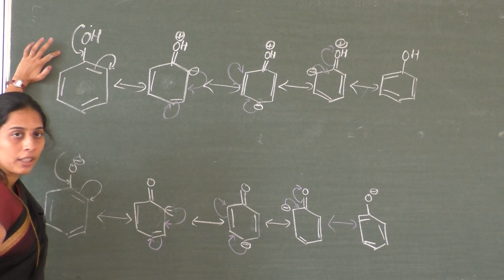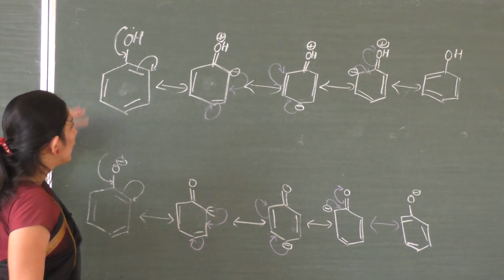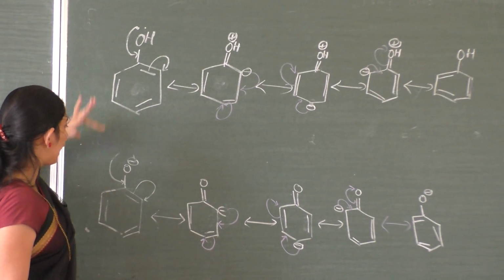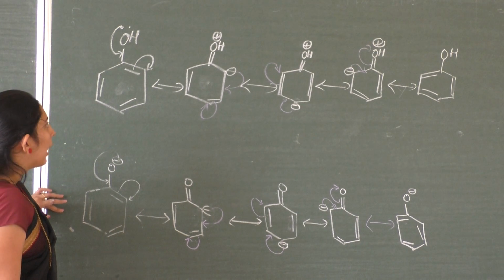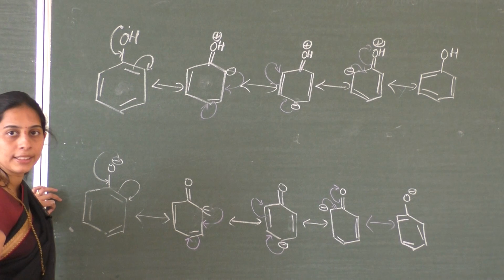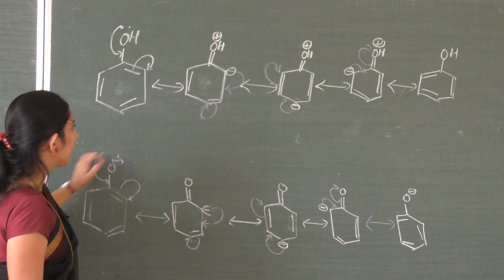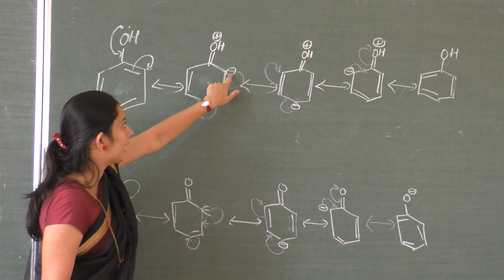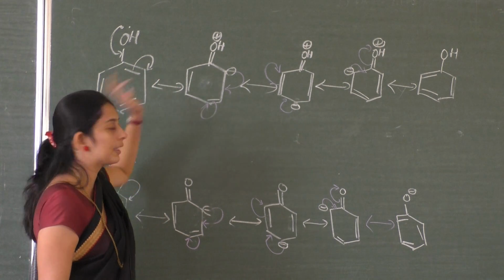This is a phenol resonance structure. This is a phenoxide resonance structure. So in both the phenol as well as phenoxide ion, in which position is high electron density observed? That is present where there is a negative charge. Wherever there is a negative charge, that indicates a high electron density.